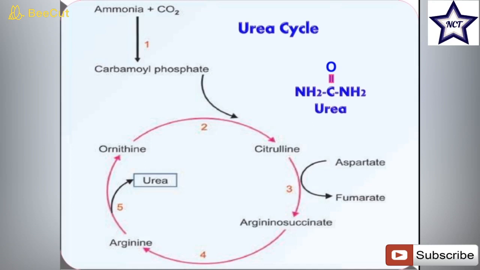Citrulline, in the presence of aspartate, forms arginosuccinate, and aspartate is changed into fumarate. Arginosuccinate is then converted into arginine, and arginine is converted into ornithine and urea.